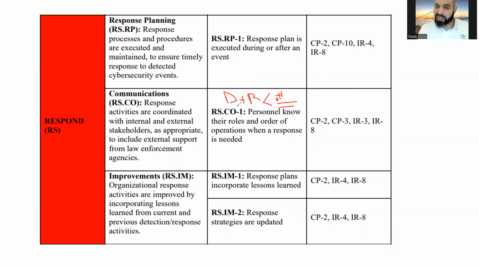But if the detection time and response time are higher than the time the attacker will use to reach his objective, then you are in a problem. Why? Because he will be able to reach his objective. They sometimes call this dwell time.